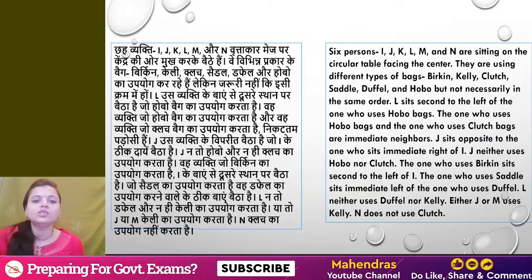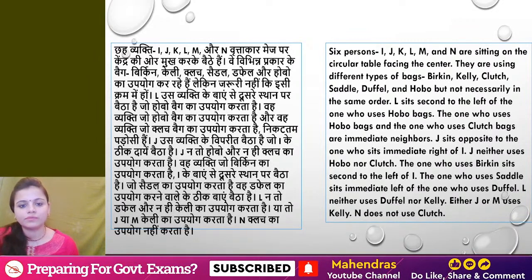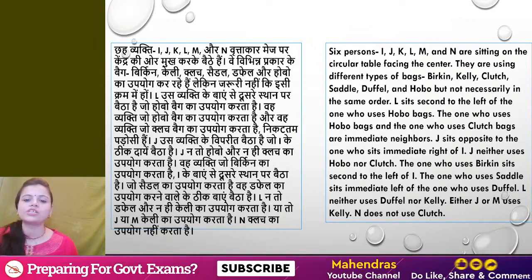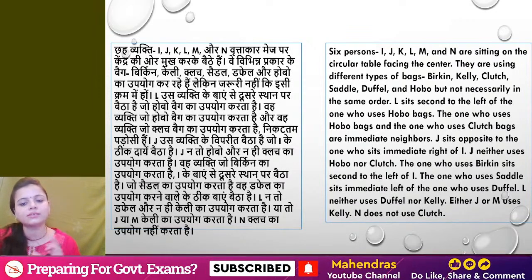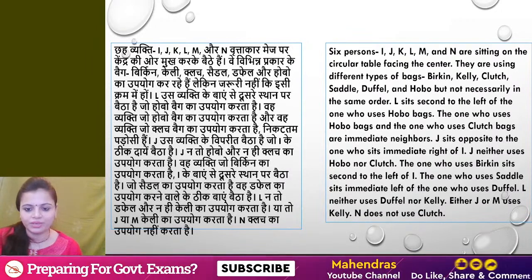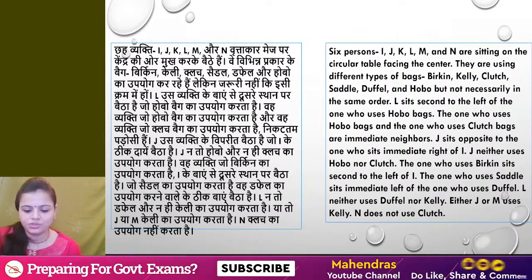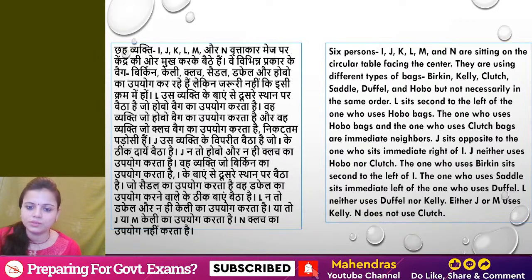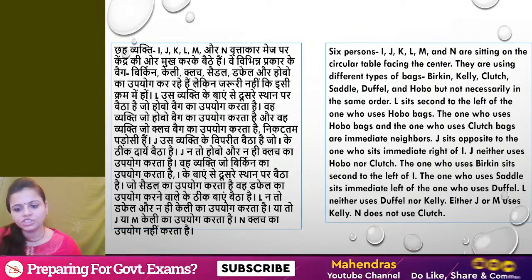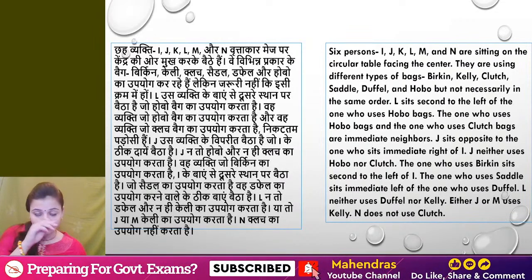But yes, you can solve the question by first writing down the hints of the question, then putting the hints in the diagram. There's no short trick; it is based only on practice. So today we are learning the sitting arrangement chapter. Just solve the questions from this chapter after class.